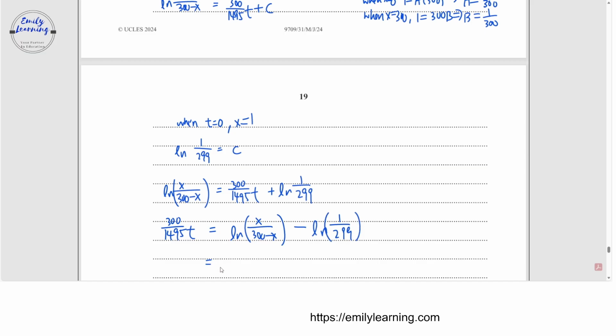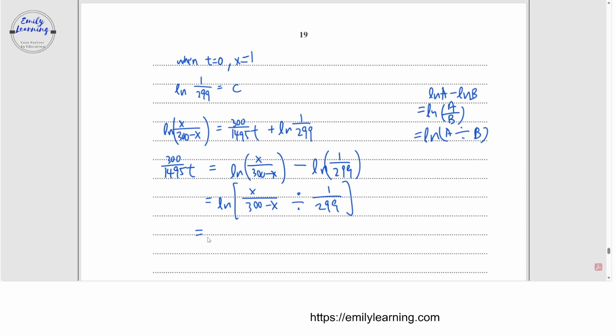Minus means divide, right? ln A minus ln B equals ln of A over B, so it equals ln of x over 300 − x times 299, which is ln of 299x over 300 − x.